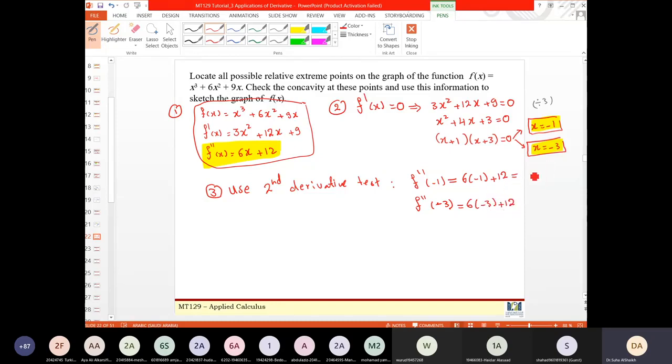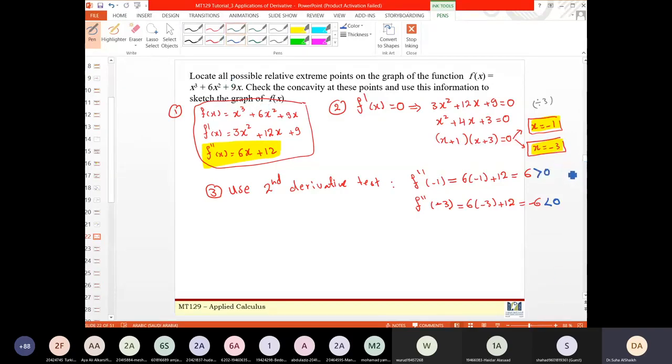What will be the answer here? Minus 18 plus 12, it will be minus 6. Right? So this one is greater than 0. This one is less than 0. What does greater than 0 mean?